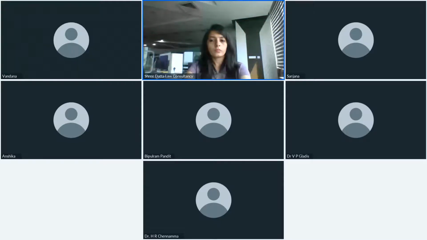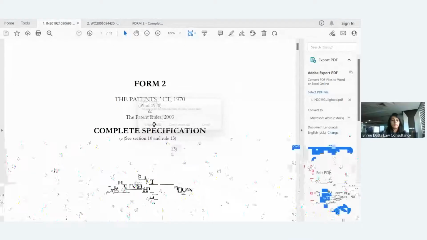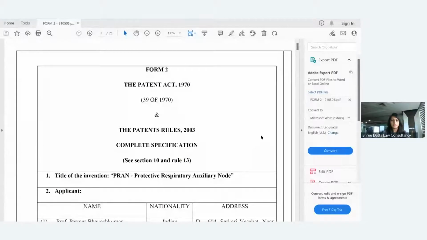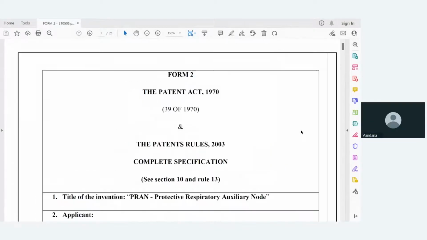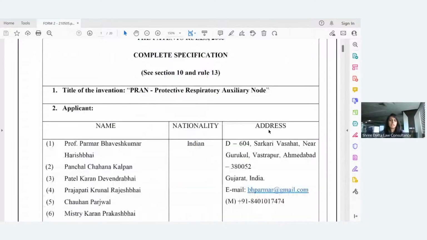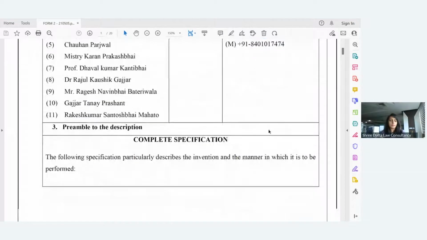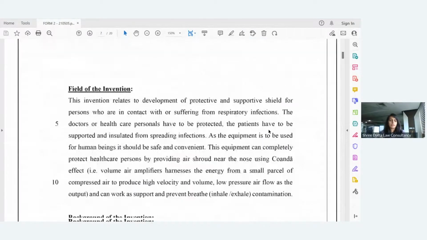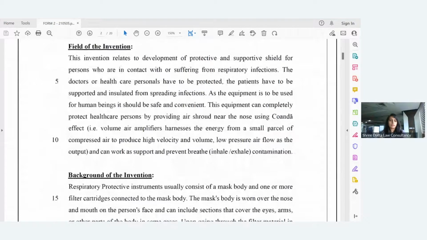This is visible, this brand related. Yes, so this is the same; you have to remember this. Then add the title, then applicant details, then preamble, then field of the invention, then background of invention.